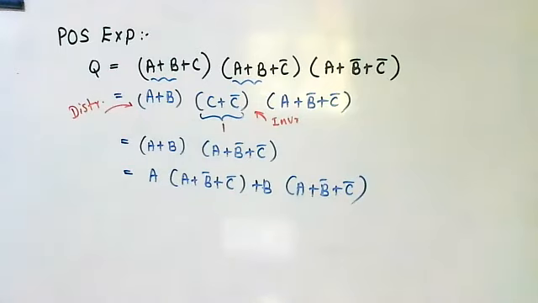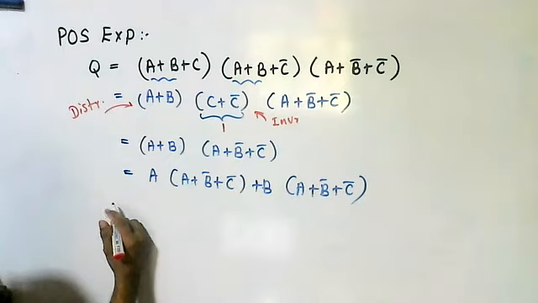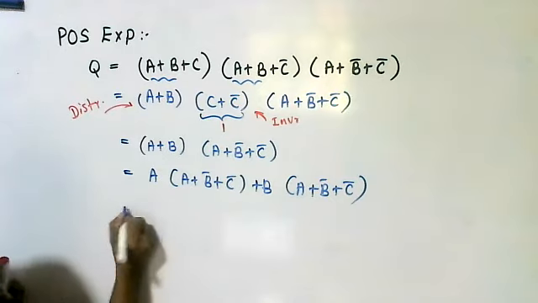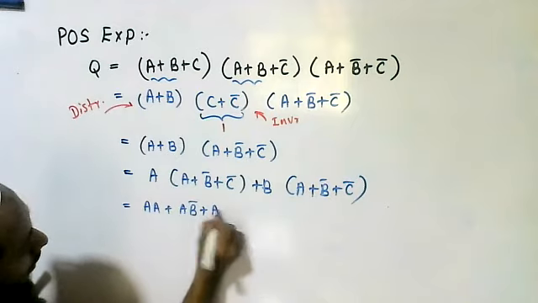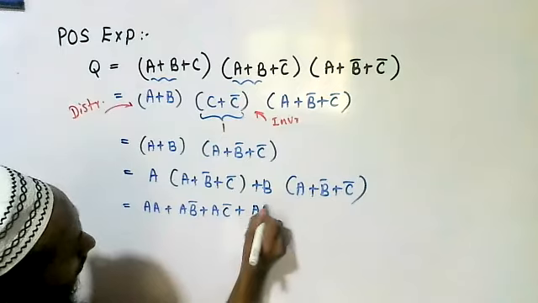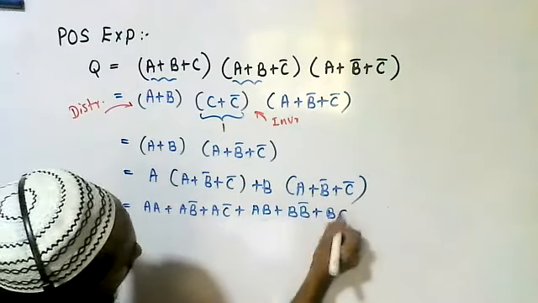Here also we are using the distributive law, multiplying. So we can multiply this: A into A plus A into B bar plus A into C bar plus B into A plus B into B bar plus B into C bar.